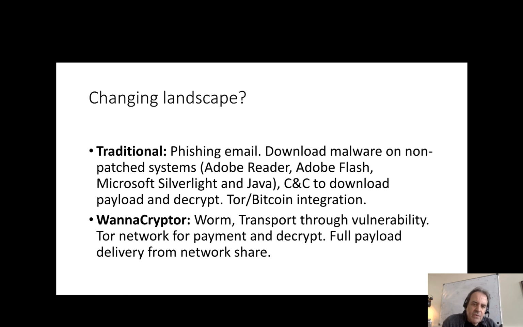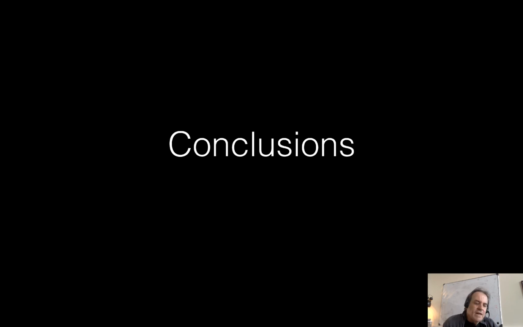WannaCry was more of a worm. It distributed the full payload inside the distribution itself, and then was available through a network share. Okay, so that remains to be seen, but it's likely that we'll go back to a more traditional type of ransomware attack. And that's been a quick overview of ransomware.